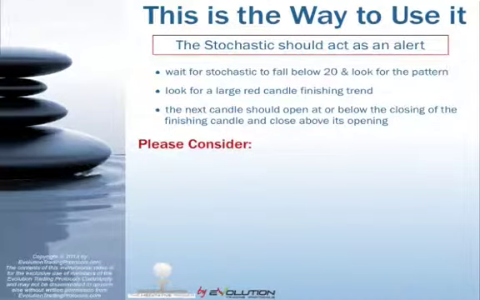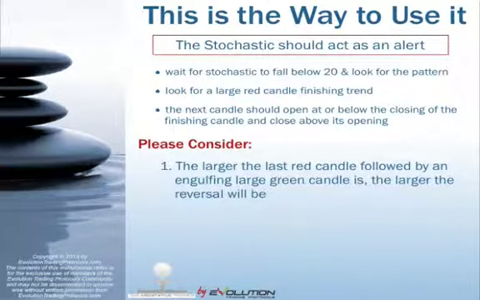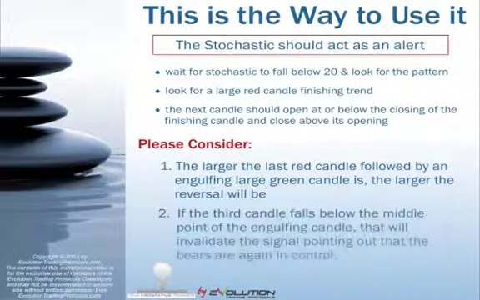Here are a couple of things that you must consider. First, the larger the last red candle followed by an engulfing large green candle is, the larger the reversal will be. And two, if the third candle falls below the middle point of the engulfing candle, that will invalidate the signal, pointing out that the bears are again in control.